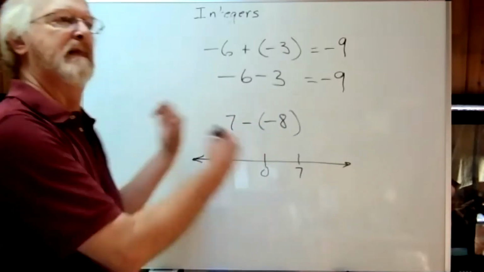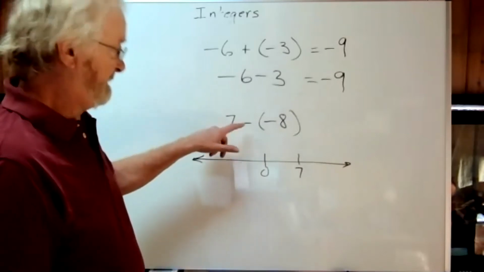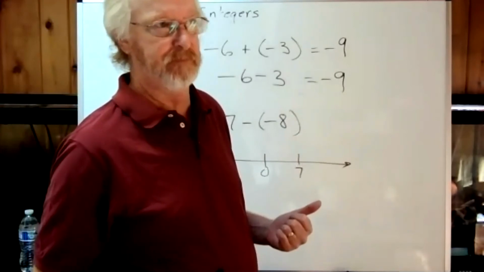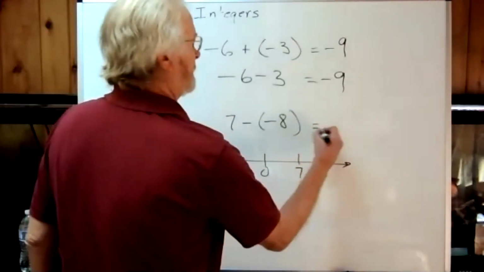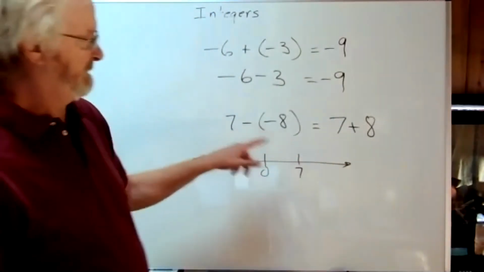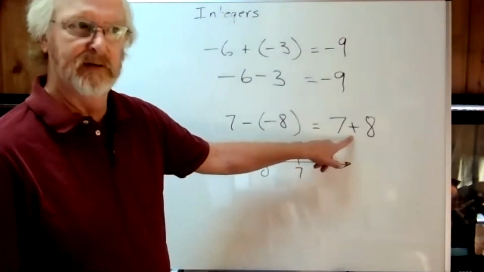Take away the negative. Think about your bank account again. If you take away your debt, you're moving in the positive direction. Minus a minus is the same as addition. Subtracting a negative is the same as adding.